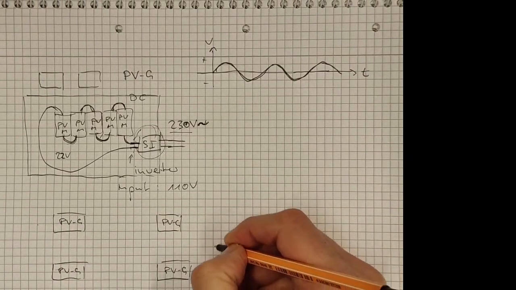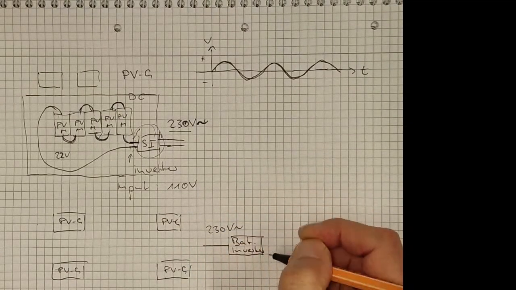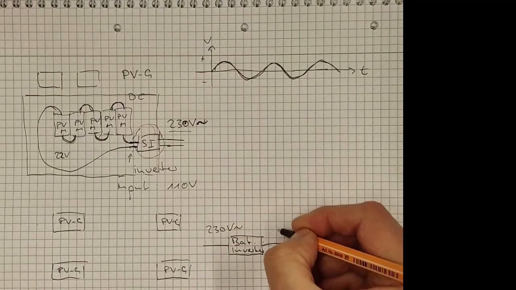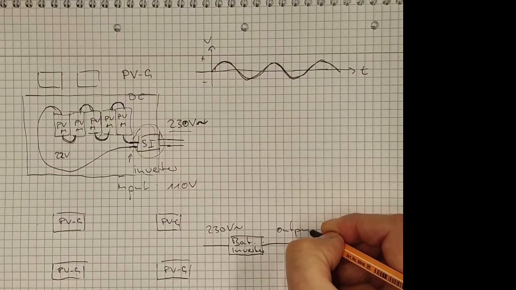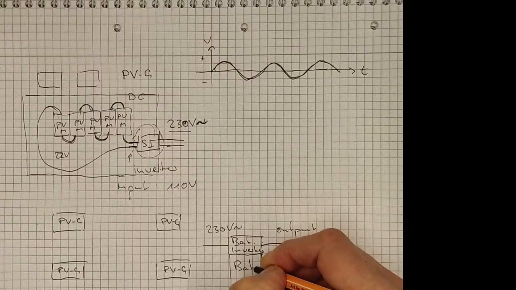And this battery inverter has a 230 volt input, and here is your output, because here is a storage battery.